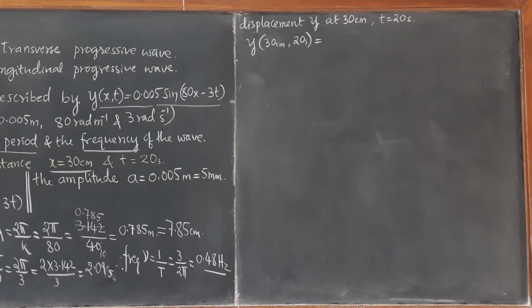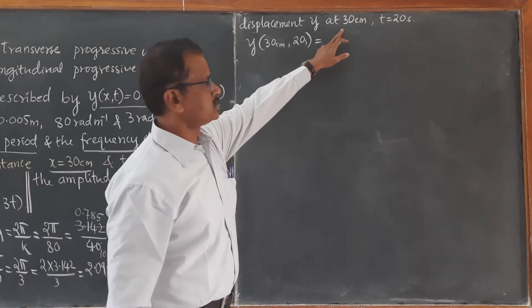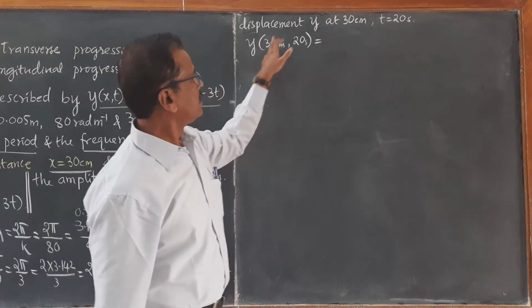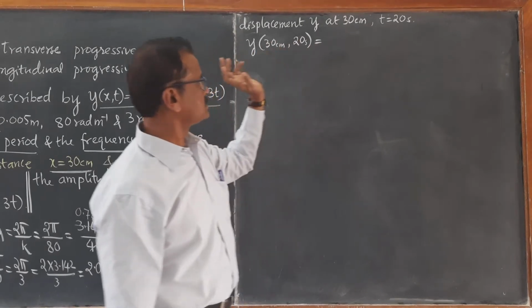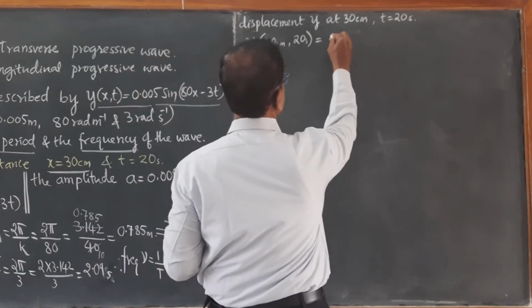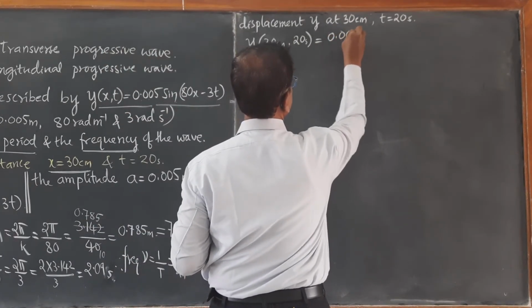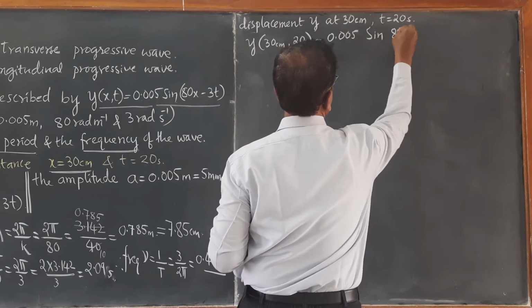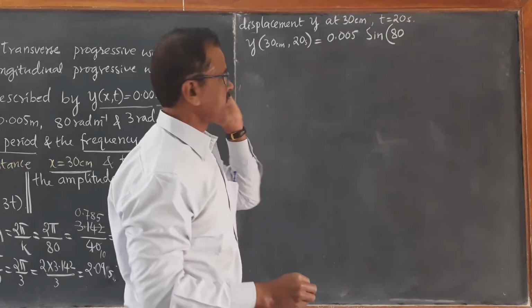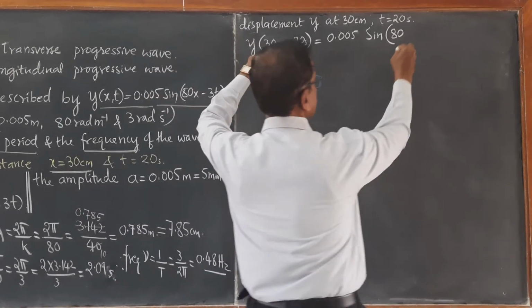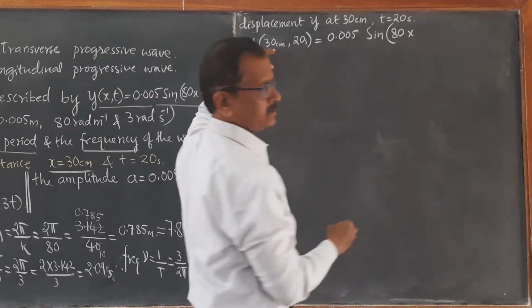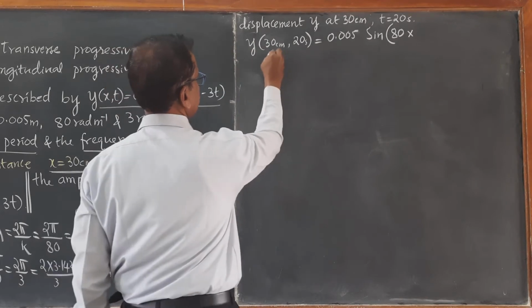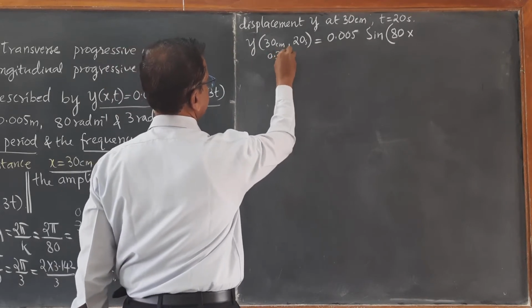Now the displacement at x equal to 30 centimeter, time t equal to 20 seconds. We will write now 0.005 sine of 80 into x, where x is 30 centimeter. So convert this 30 centimeter into meter. 30 centimeter is nothing but 0.3 meter.